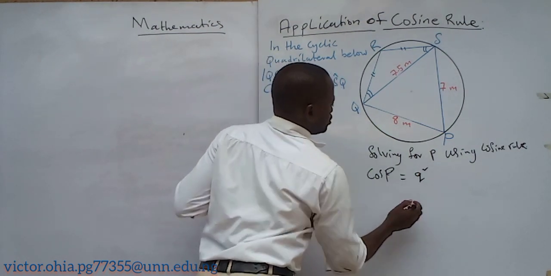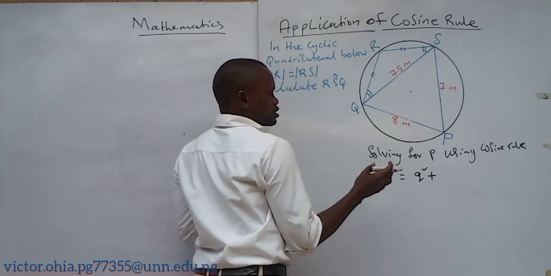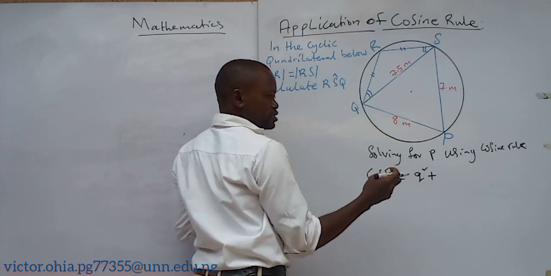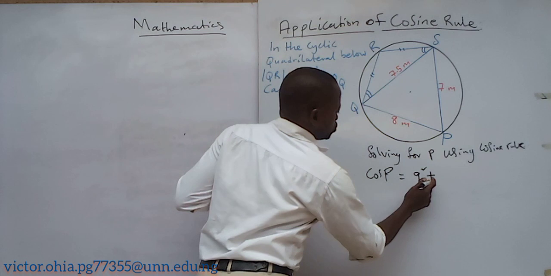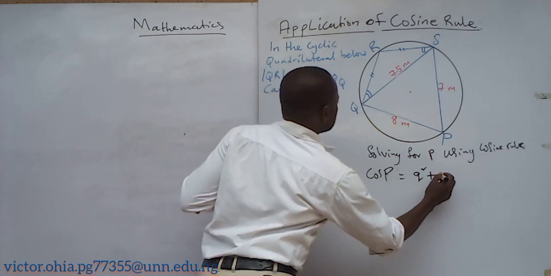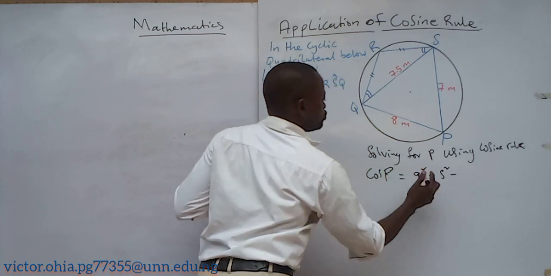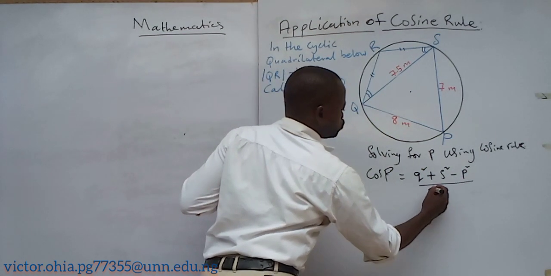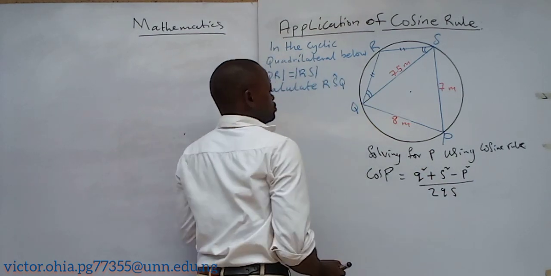q squared. If you followed me when I was giving you the idea on how to write the cosine formulas, 6 of them, there's something I said there. q squared plus s squared, then you remove p squared, then divide by 2 times this and this, qs.